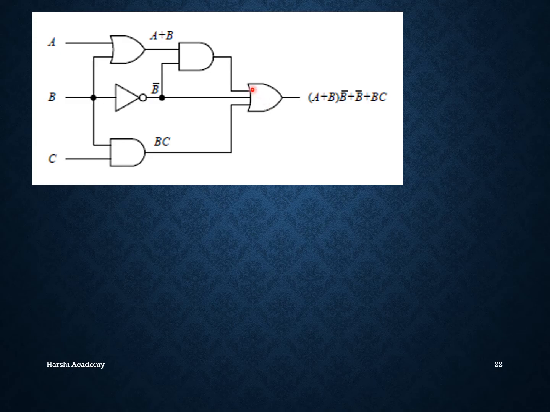One input is the output of this AND gate, that means A plus B dot B bar. Then the second input is B bar. Then the third input is B dot C. Now we can simplify this equation. Try it on your own and then continue the video.